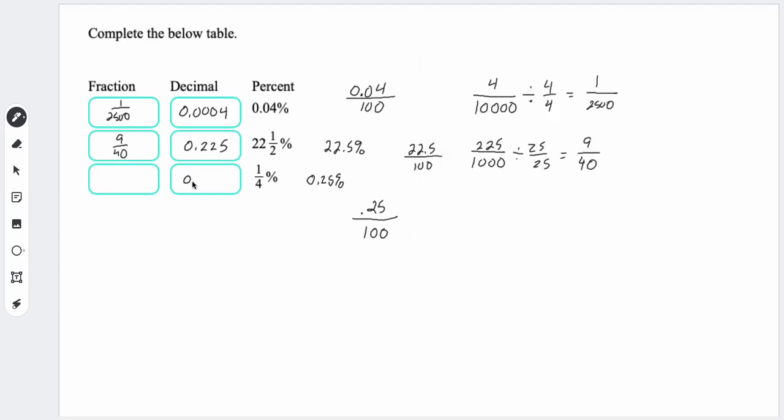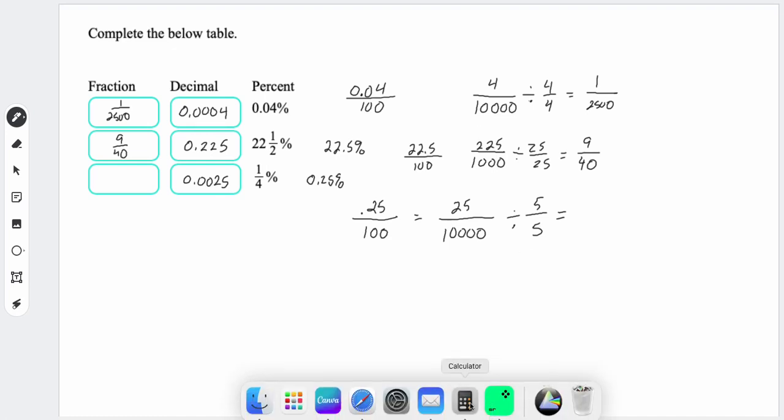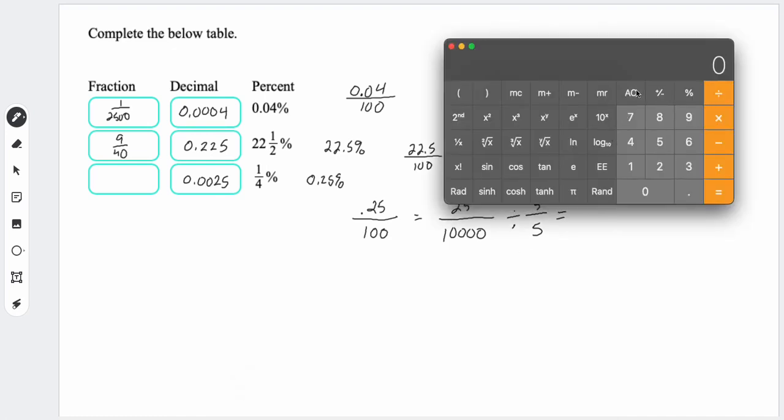0.0025 is our decimal. So now we take that 25 and we put that over 1, 2, 3, 4. Now I know I can divide 25 by 5, and I know I can divide this by 5. So I'm going to divide everything by 5 on the top and the bottom. And 25 divided by 5 is 5.